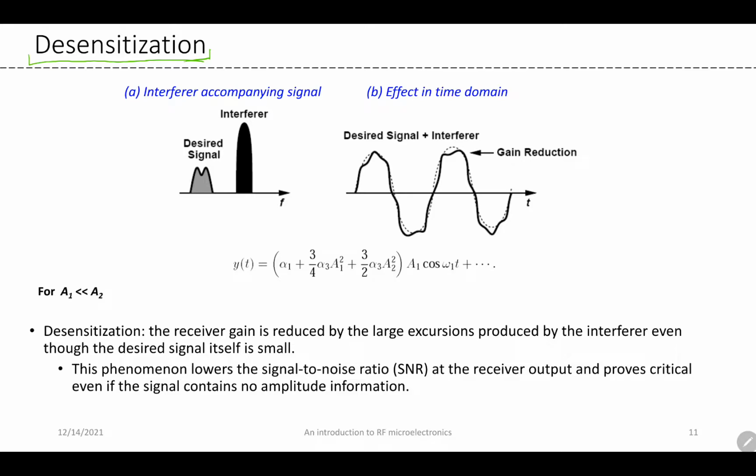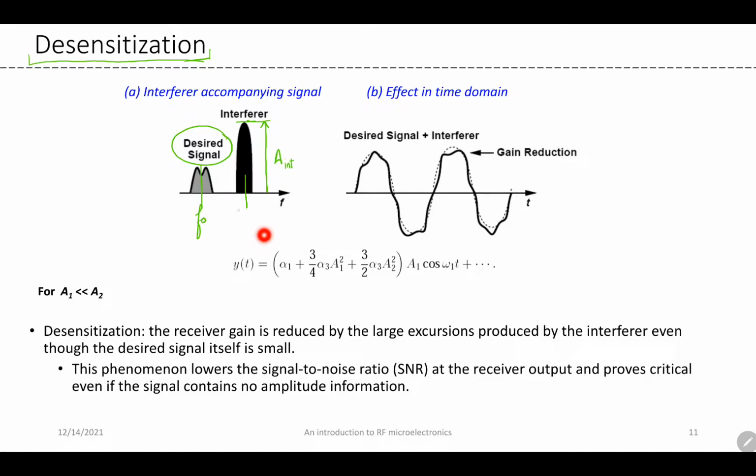Desensitization is a large magnitude interferer which arrives at the receiver along with the desired signal, although both of them do not have the same frequency.